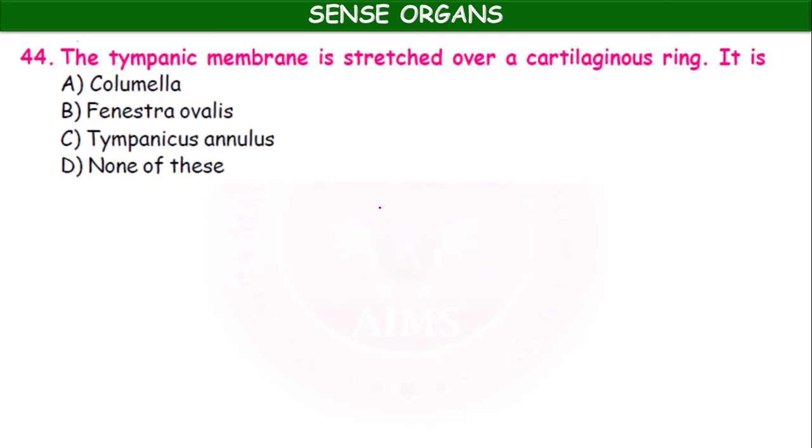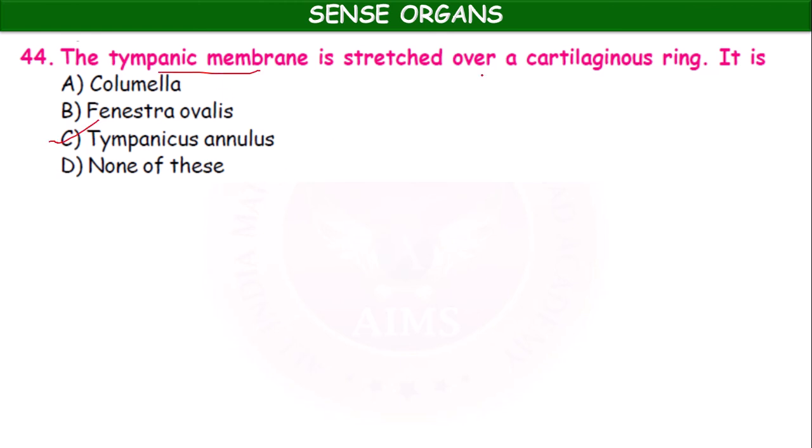The tympanic membrane is stretched over a cartilaginous ring. It is columella, fenestra ovalis, tympanicus annulus, none of these. It is tympanicus annulus.